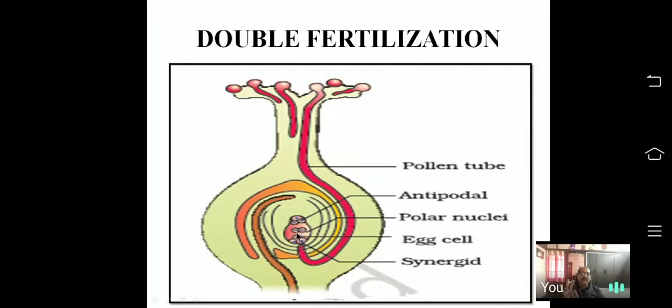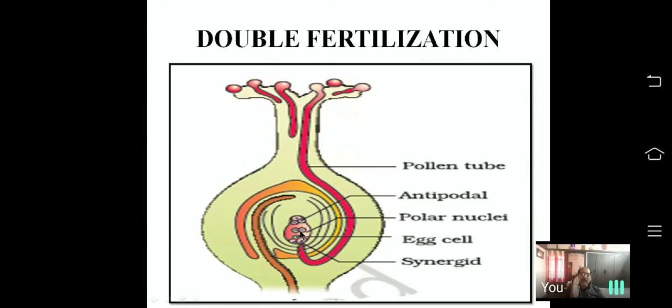How many times did fertilization occur here? 2 times. One male gamete fused with the egg cell, that is the first fertilization. The second male gamete is fused with the central cell, that is called the second fertilization.